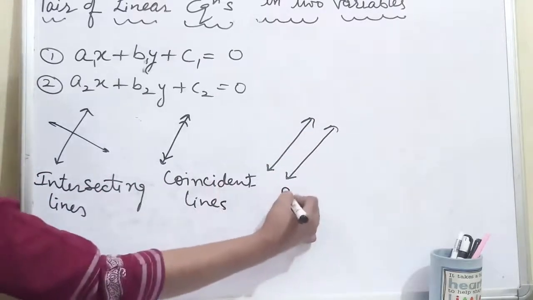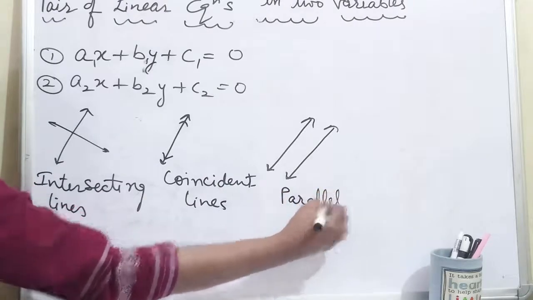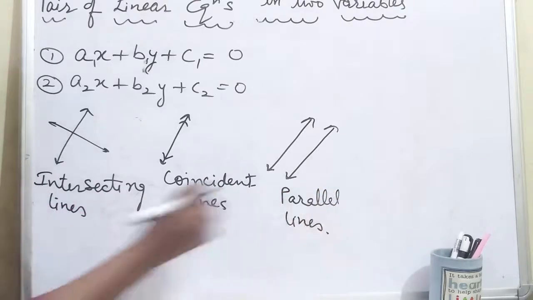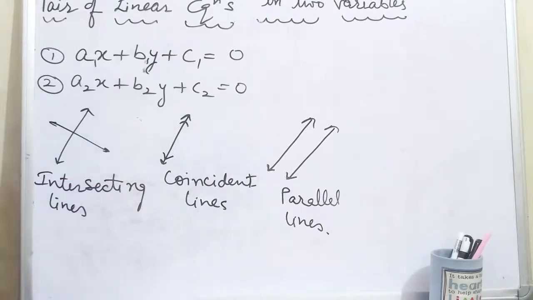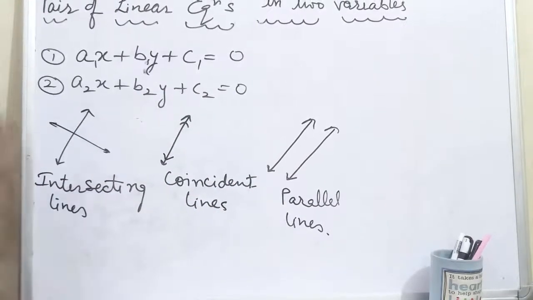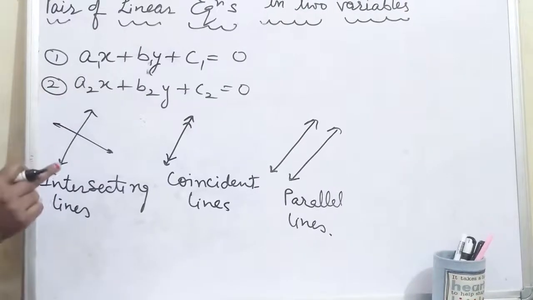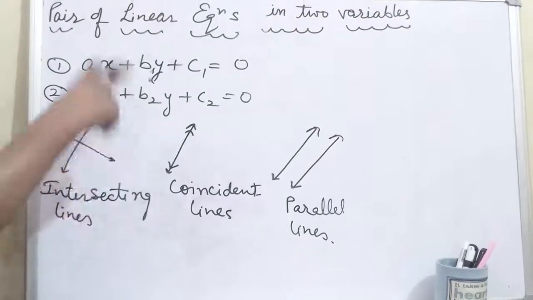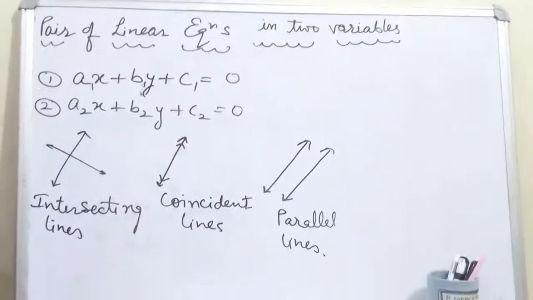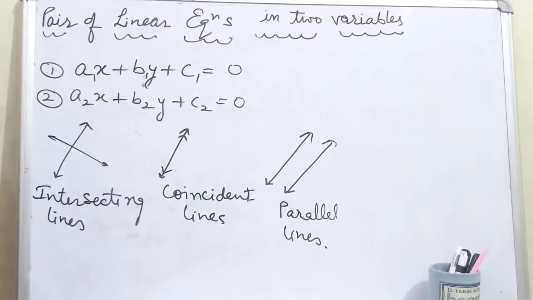They can be parallel lines. Right. So, apart from these three cases, you will not get any other case. For two lines, we can have either intersecting lines, coincident lines, or parallel lines. So out of these three cases, we can get any one.